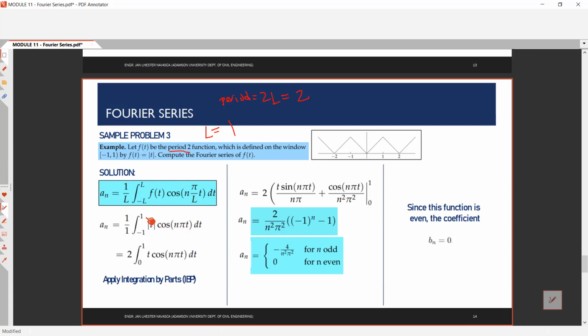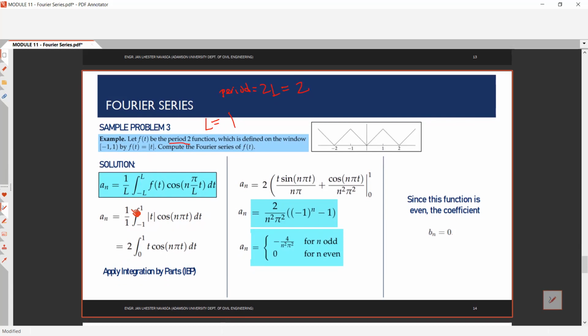Okay, therefore your a sub n is equal to integral of 0 to 1. Bakit naging 0 to 1? Kasi pwede nating i-simplify yung function, kasi if we check the area under the curve for this one and for this one, they are the same. So ito yung even function.